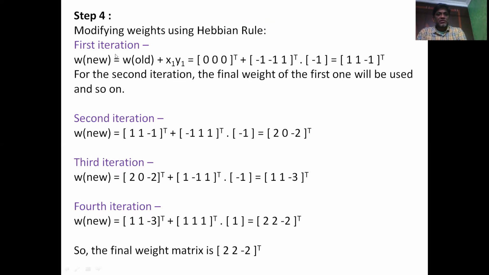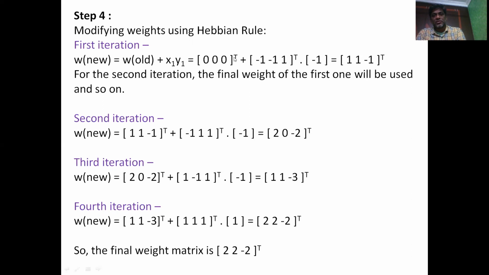In the first iteration, we will calculate all the three weights including bias by using the formula W of new equals W of old plus X1 into Y1. So in the first iteration, we will be considering the first input vector, that is X1. What is W of old till now? It is zeros only.